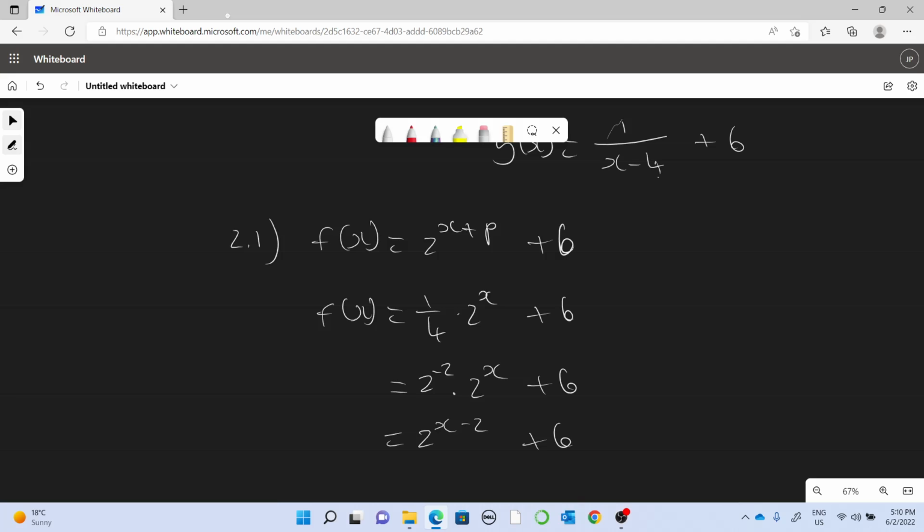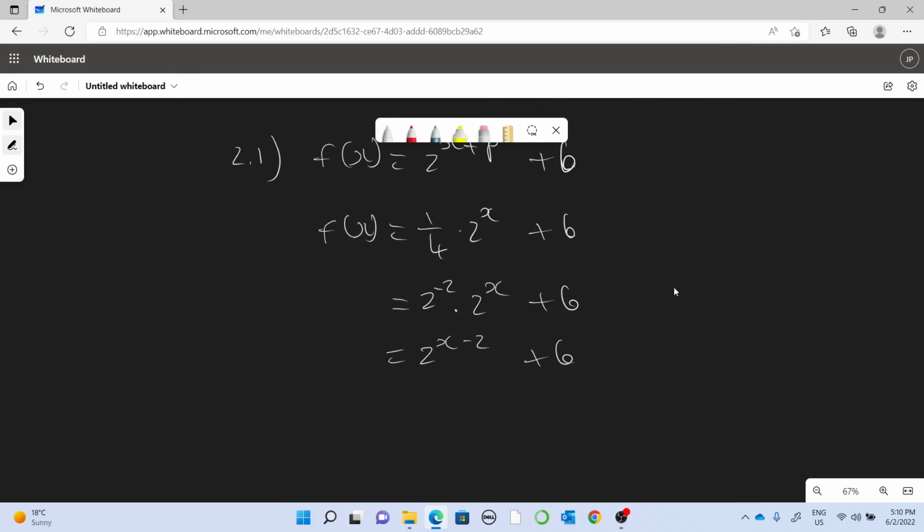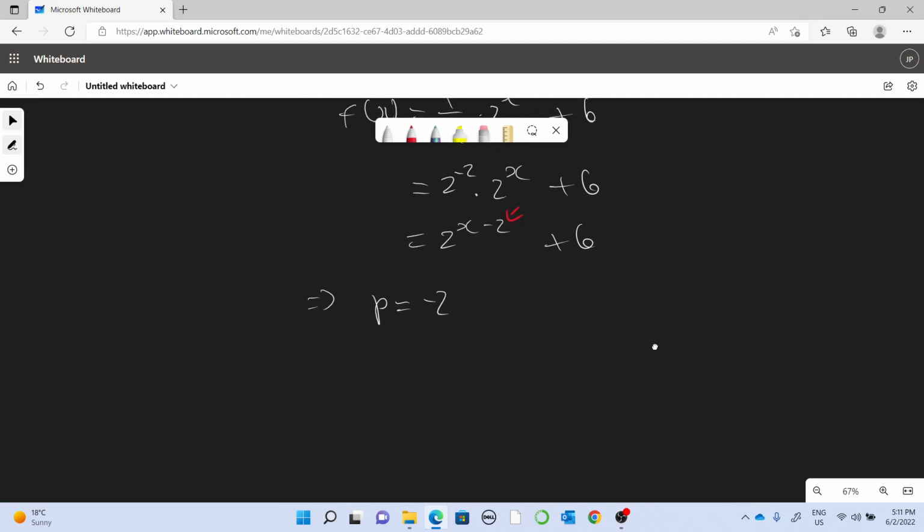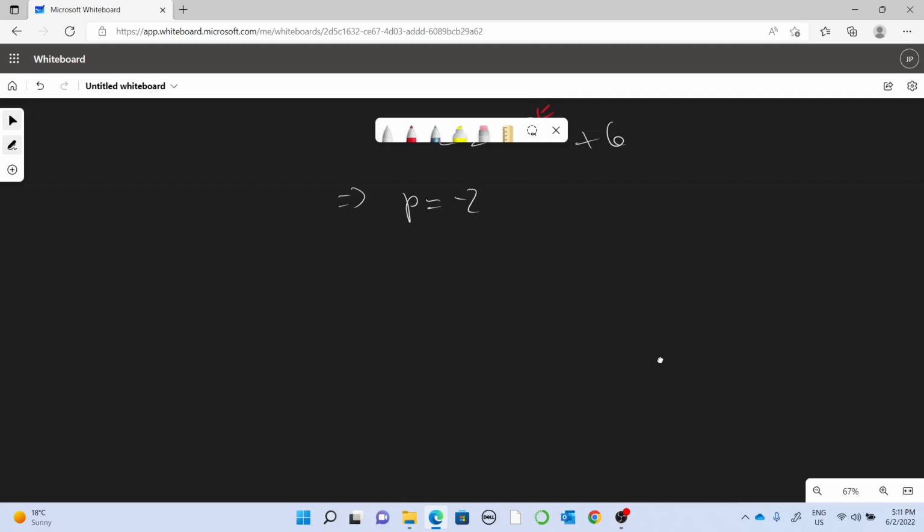Now I have it in that form, so I can easily pinpoint what p is. p should be this value here. Thus p equals minus 2. So by simple algebraic manipulation, we could isolate p and show what it was.